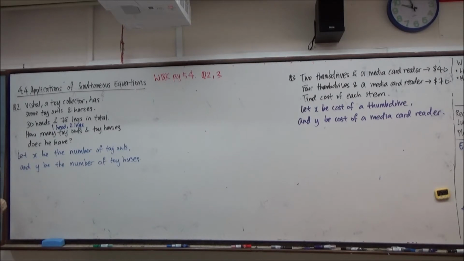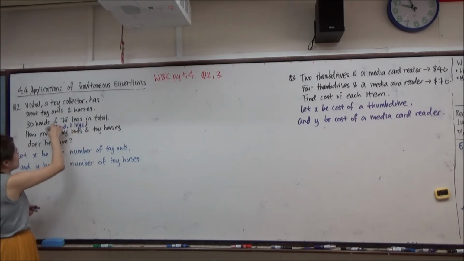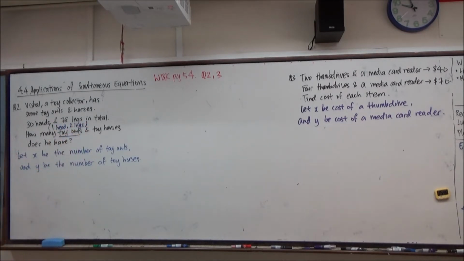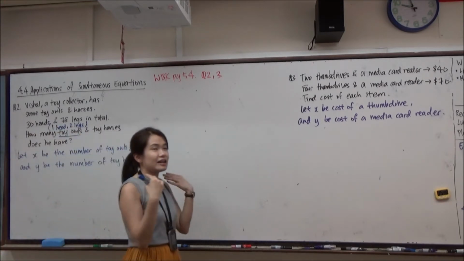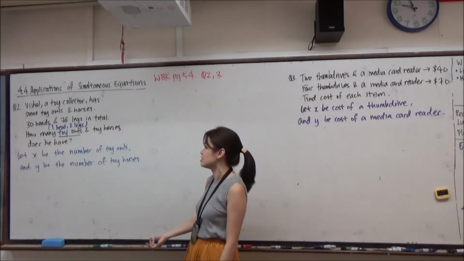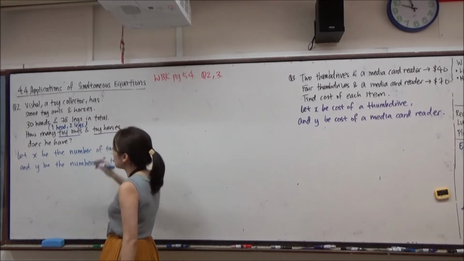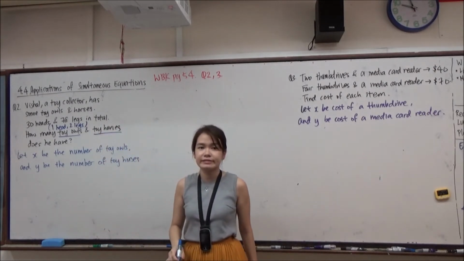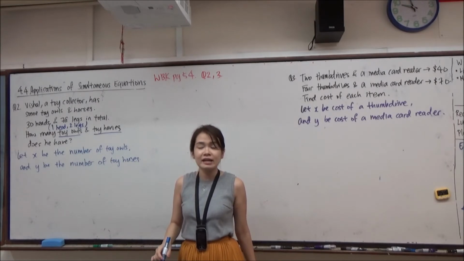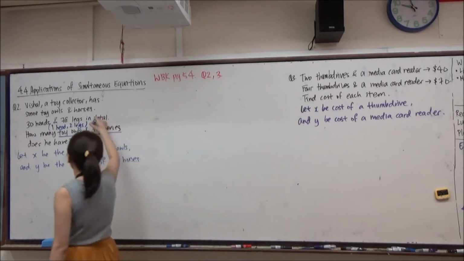Owls obviously have heads. In fact, their heads can turn 360 degrees. Don't you know? Owls' necks can rotate 360 degrees, guys. Then after that, horses, how many heads, how many legs? 1 head and 4 legs.